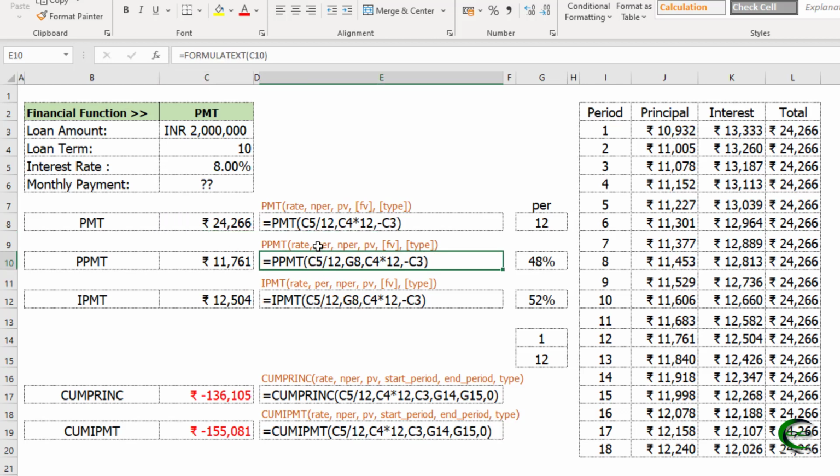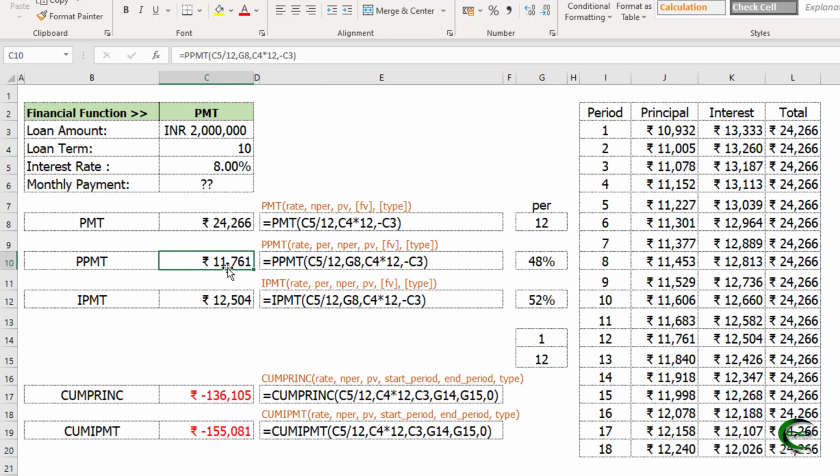For calculating principal, you need to use the PPMT function, and for calculating interest you need to use the IPMT function, and the syntax for both is almost the same: rate, per, nper, PV, FV, type. First 3 arguments are mandatory and the last 2 arguments are optional.